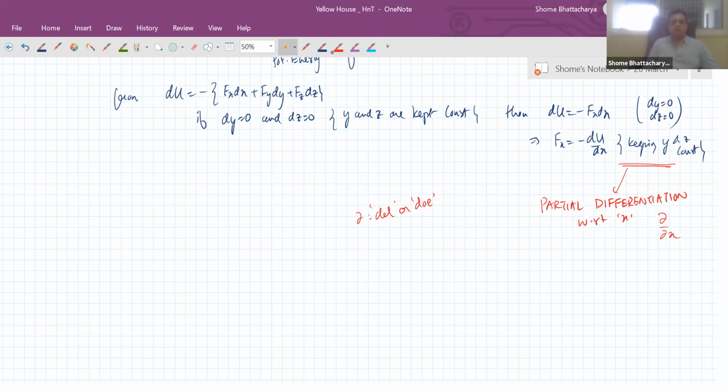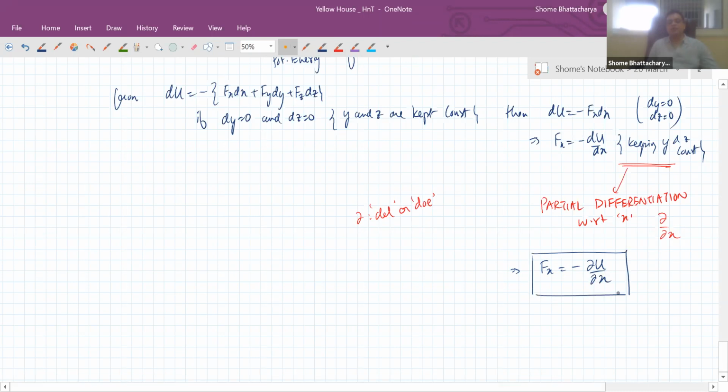So this gives us that the x component of f becomes negative of partial differentiation of u with respect to x. This statement that it is partial differentiation itself implies that it is minus du by dx under the condition that all other variables like y and z are constant.